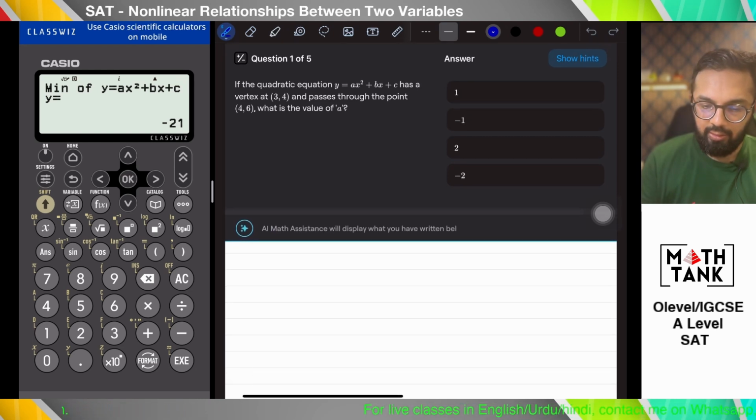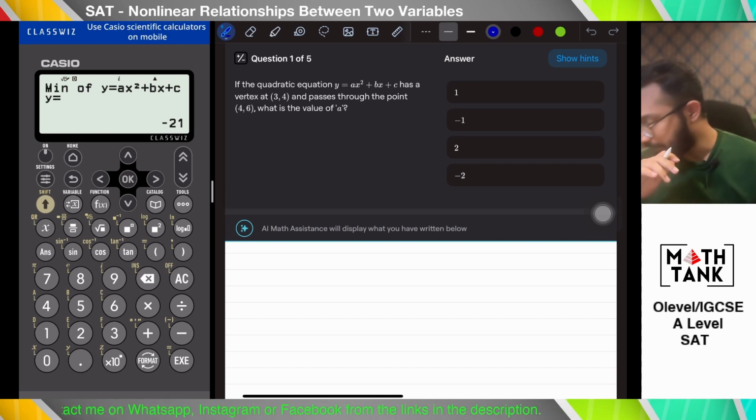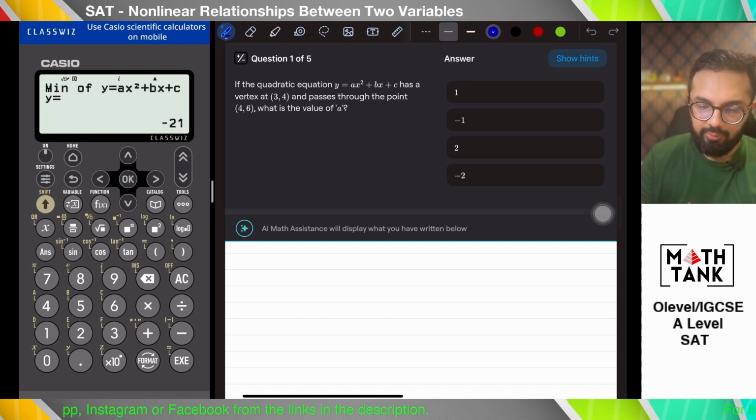If the equation is this, has a vertex of 3 comma 4 and passes through the point 4 comma 6, what is the value of a?